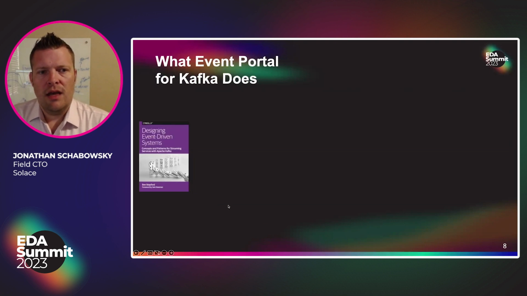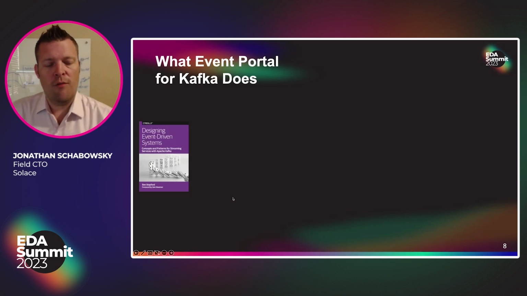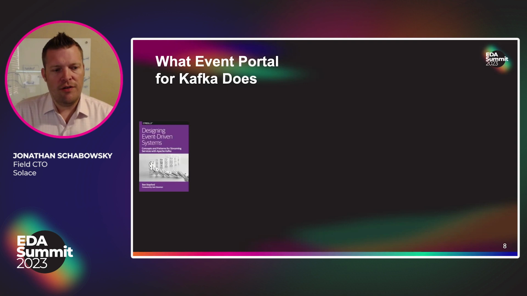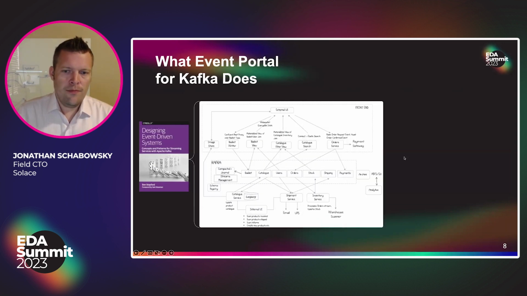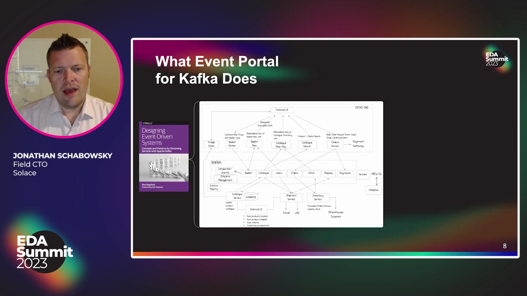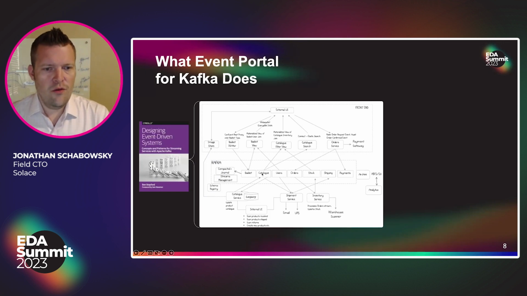So what does the event portal for Kafka actually do? If we take an example, there's a commonly read book out there, Designing Event-Driven Systems by Ben Stopford. It's a fantastic book. I've really enjoyed reading it. If we take their example, they look at an example Kafka enterprise. I think this is a retail use case where they're using Kafka.